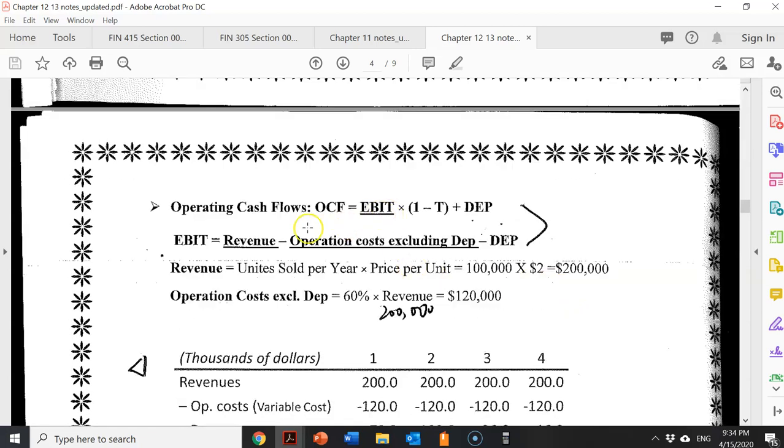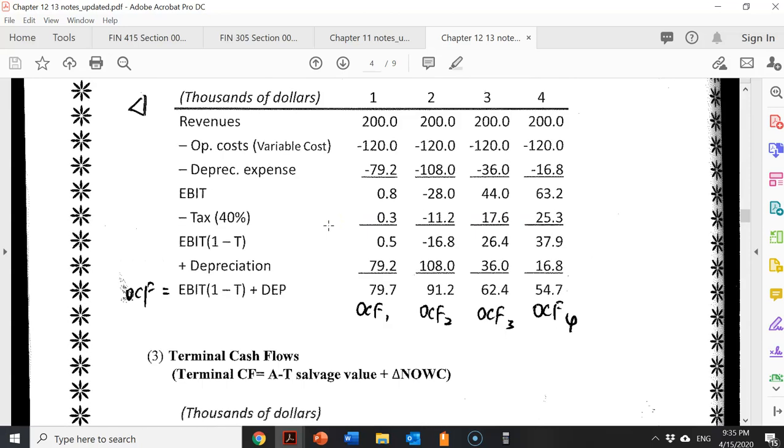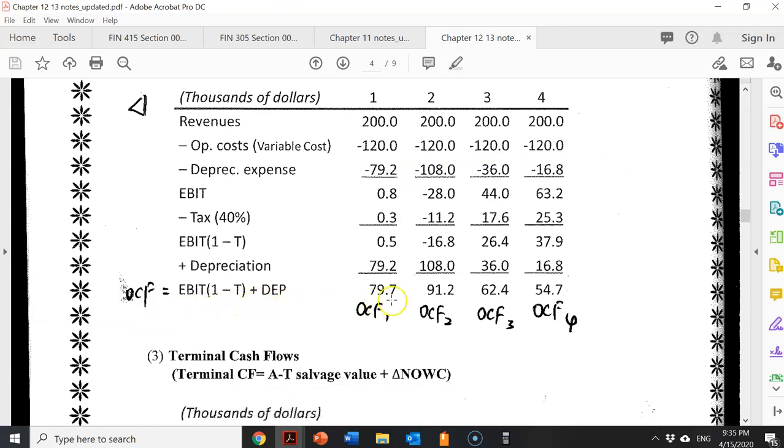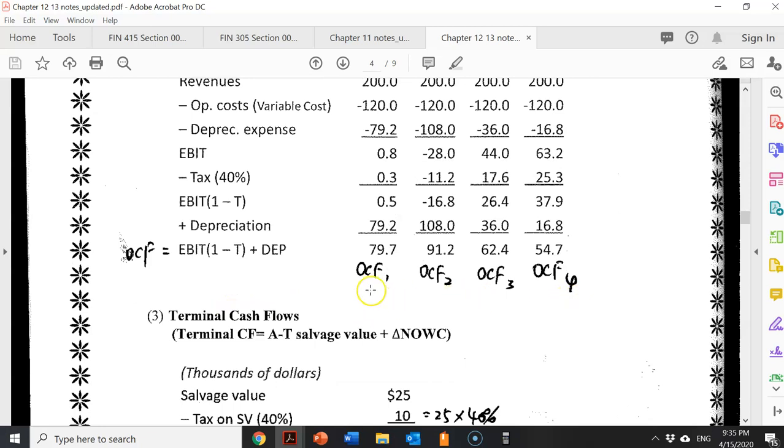When we were calculating EBIT, we subtracted depreciation, but after we take the tax adjustment, we need to add back depreciation to calculate OCF. So we add back depreciation, the same four numbers as our depreciation cost. So operating cash flow would be EBIT multiplied by 1 minus T plus depreciation. These 4 numbers would be operating cash flow 1, 2, 3, 4.